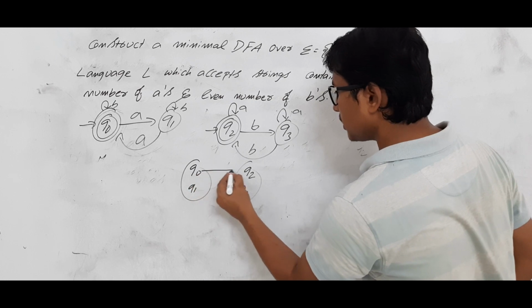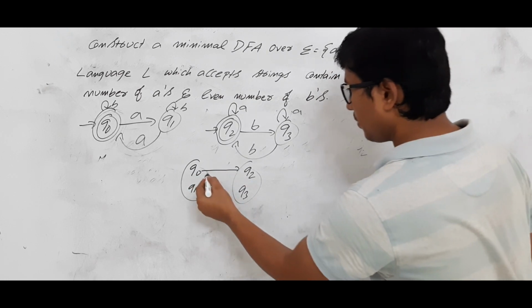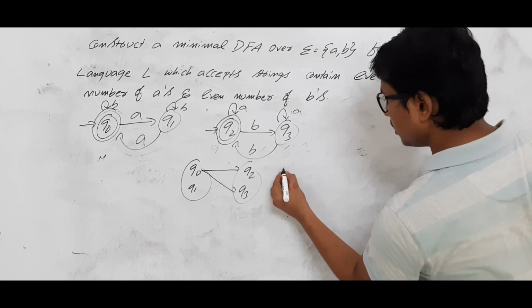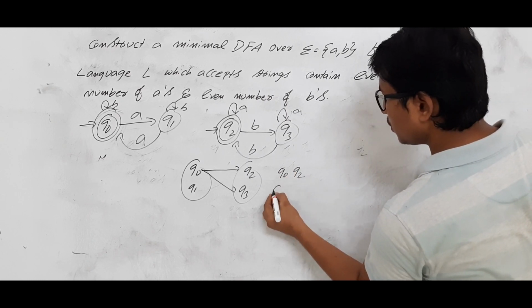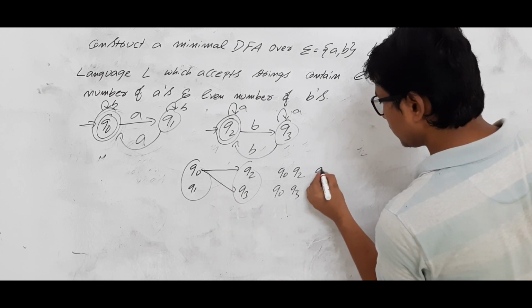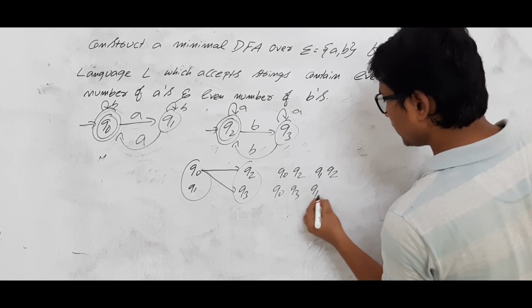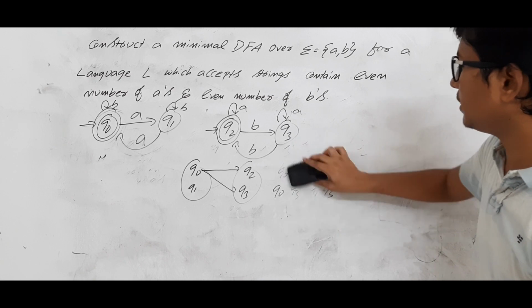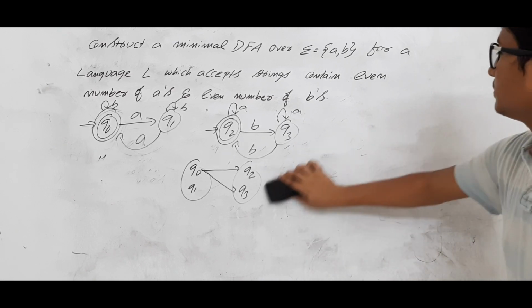How will you get the cross product? Q0 you combine with Q2 and Q3, so you get the states Q0Q2 and Q0Q3. And if you combine Q1, you get Q1Q2 and Q1Q3. Is it clear? So these are the 4 states you will get. Let me draw the DFA.